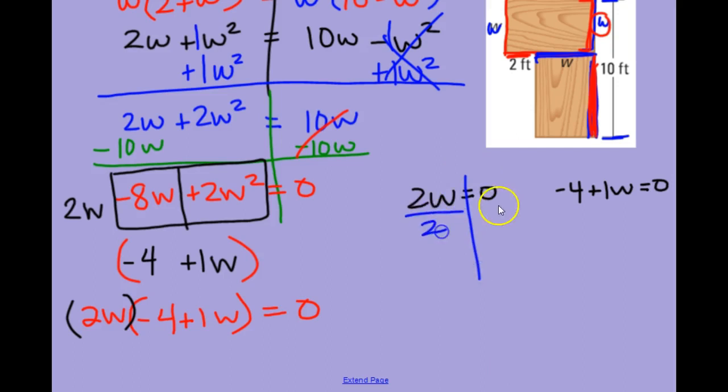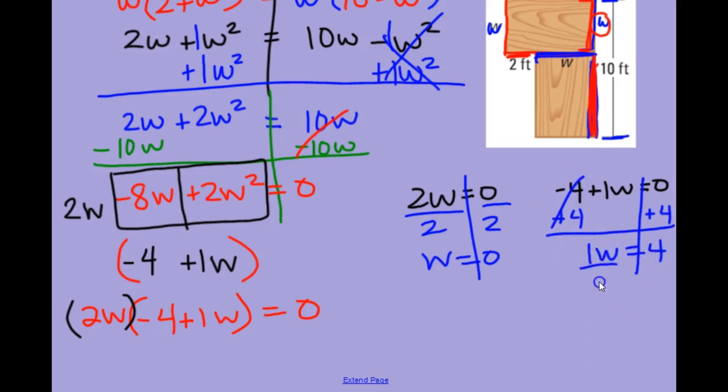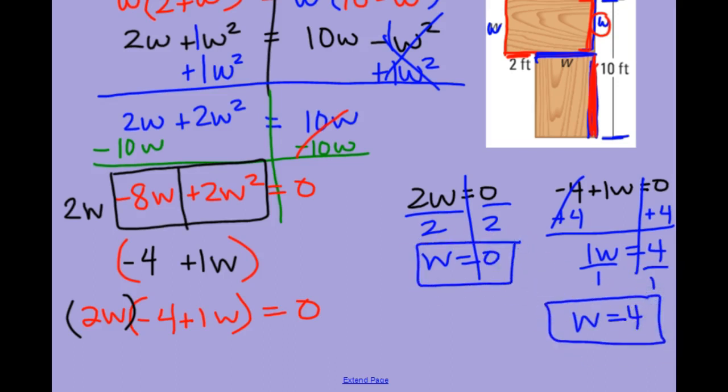If I divide by 2, w equals 0. And if I solve this one, get rid of your addition and subtraction first, I'm going to add 4. 1w equals 4. If I divide by 1, it doesn't change my answer. w is still 4. So here are my two answers.